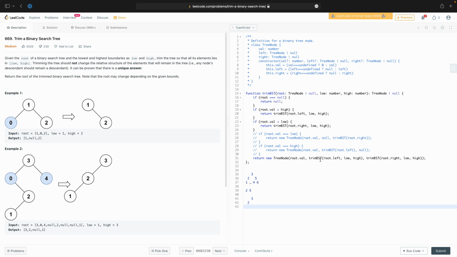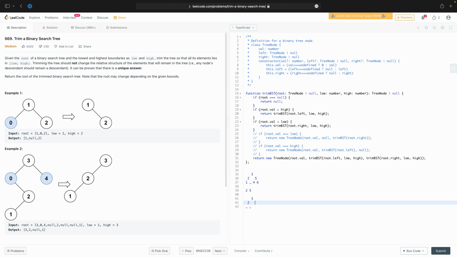So we go down on this side, we're looking between a 2 and a 5. 1 is lower than low. And root dot right is null. So we're going to end up with a null there. Whereas on the other side, we have null anyway, so we're going to return a null.